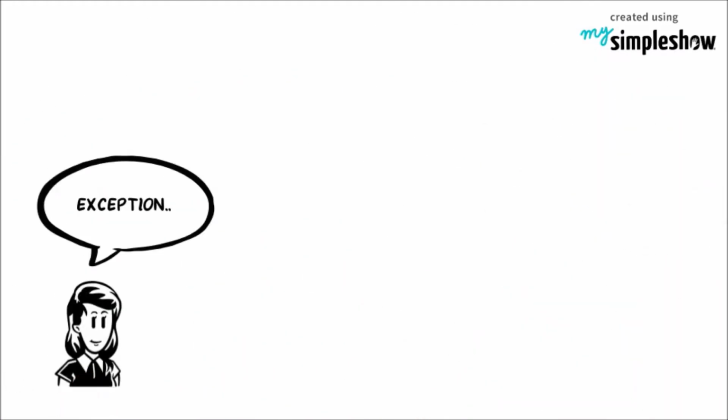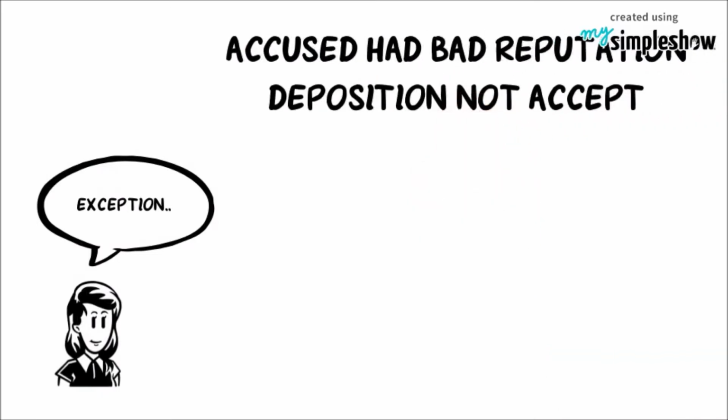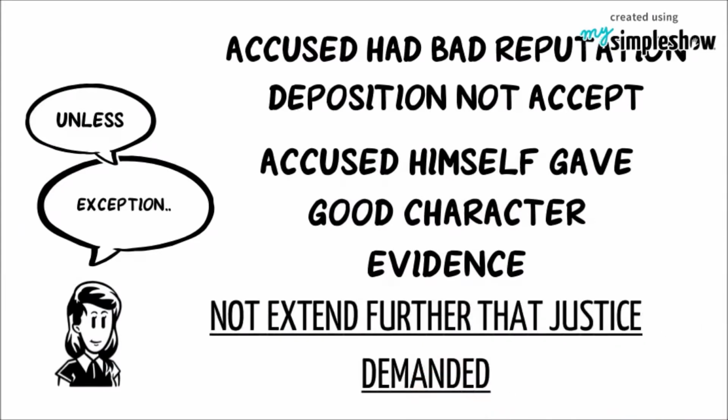The exception to that principle, that evidence that the accused had a bad reputation or a bad disposition was not admissible unless the accused himself gave evidence of good character or otherwise under the Criminal Evidence Act 1898, did not extend further than the interests of justice demanded.